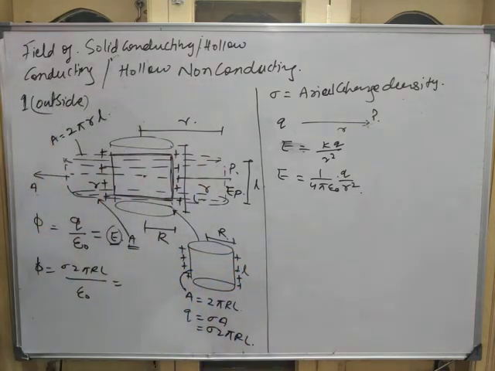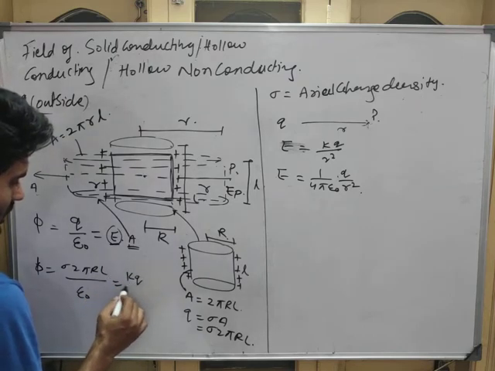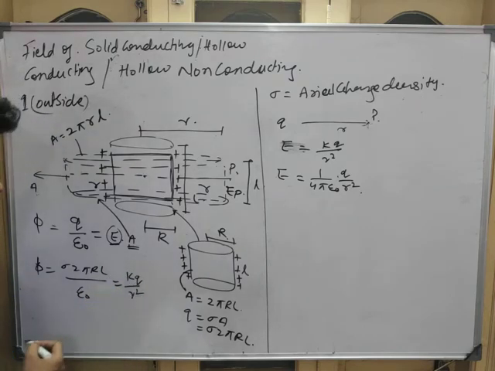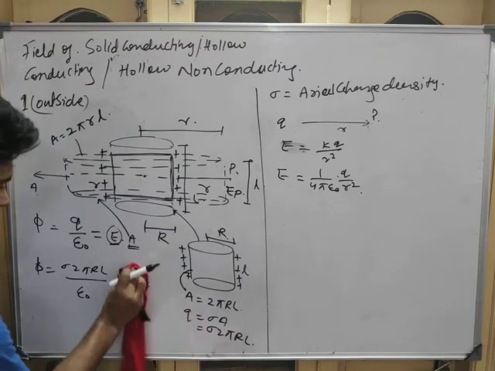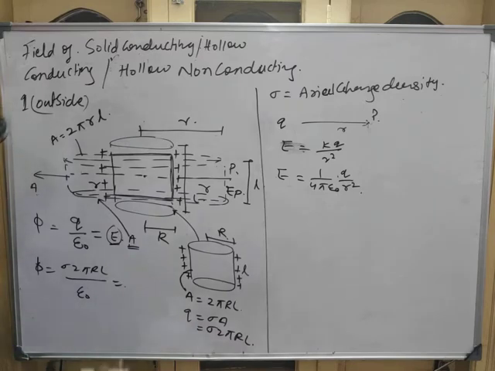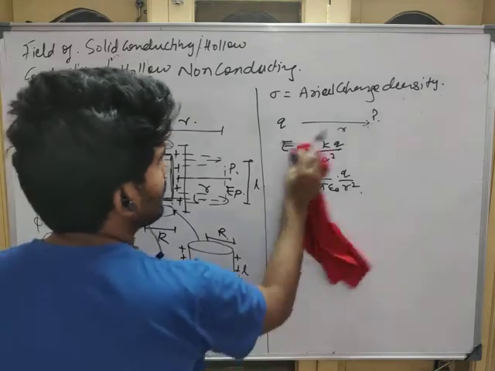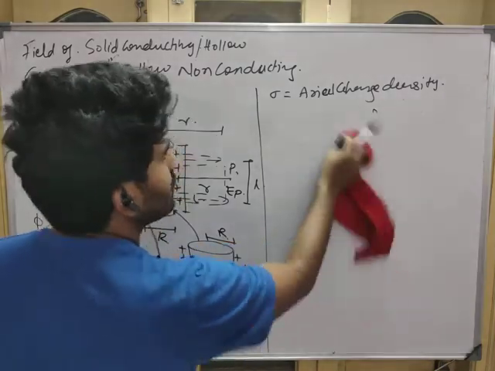Both are the same thing. Now for field we write kq by r square. We have to find out the field only, so we will not use it.